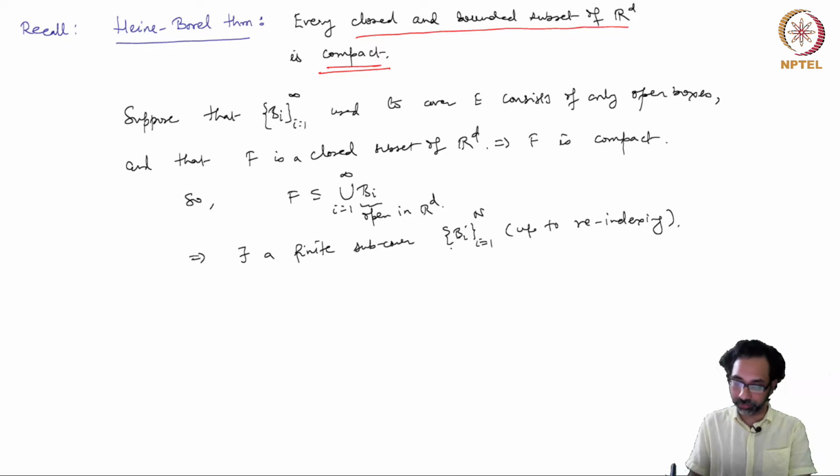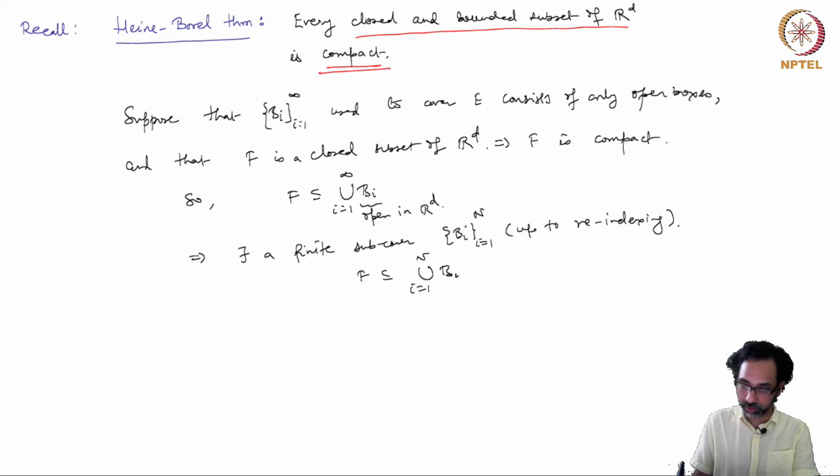So we can write that this finite subcover is the collection B_i from i equal to 1 to n, which means F is contained in this finite union of boxes.